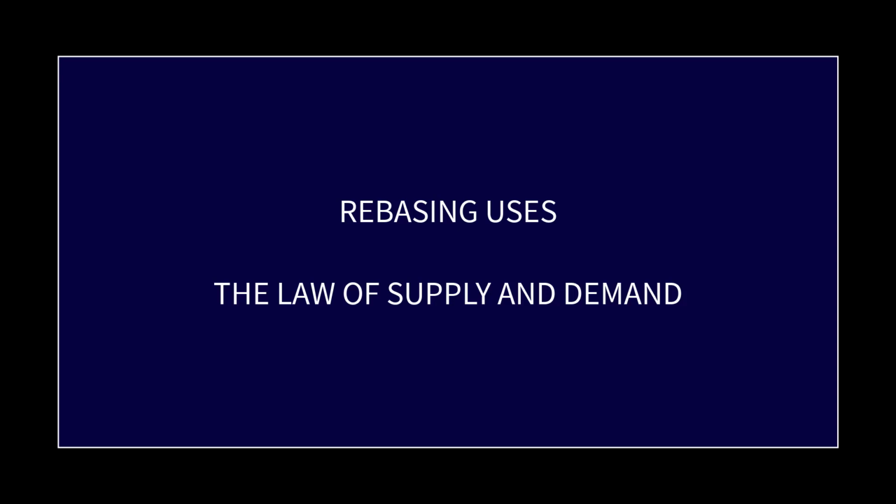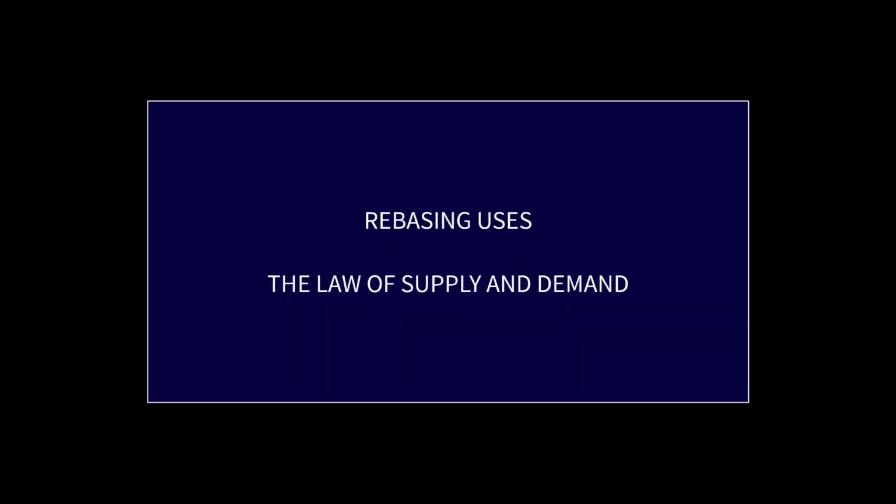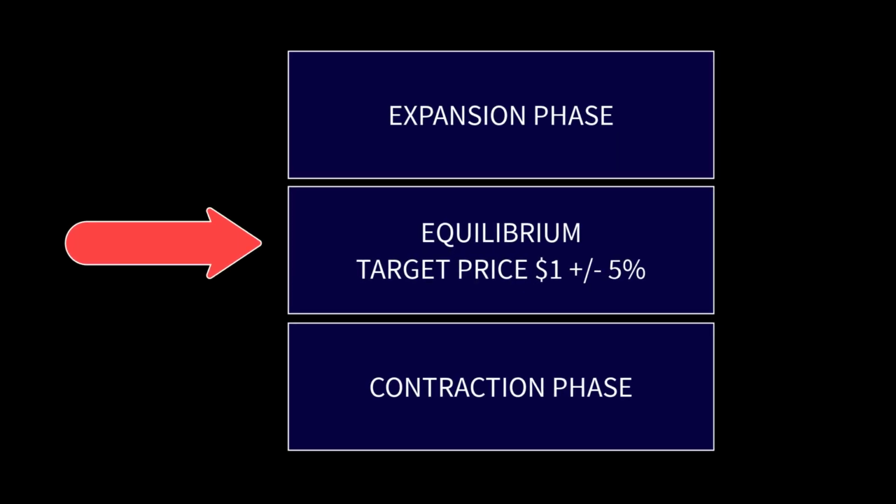So they are maintaining or attempting to maintain the price of TBILL within the target range of $1 plus or minus 5%, and when it goes outside of that range, they attempt to influence the price by either expanding or contracting the supply of TBILL.